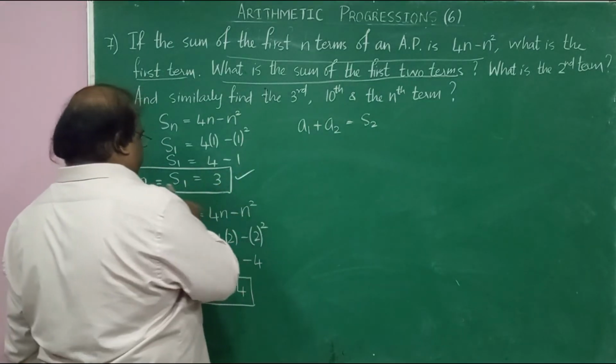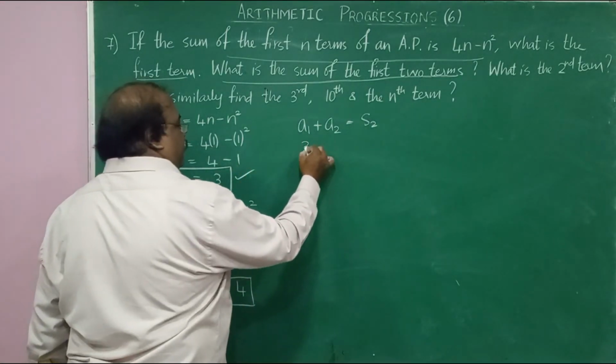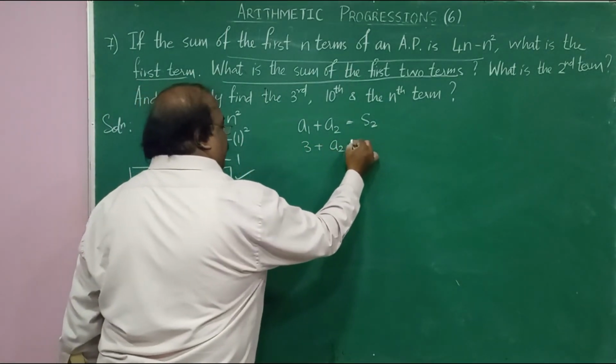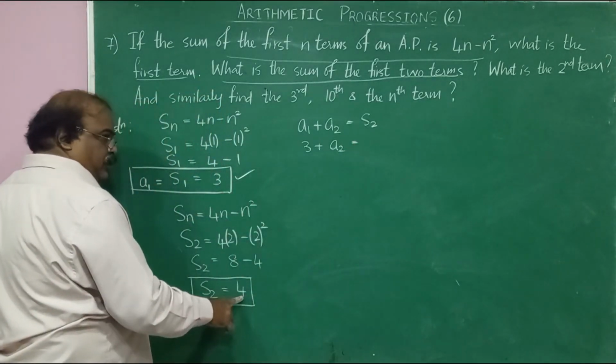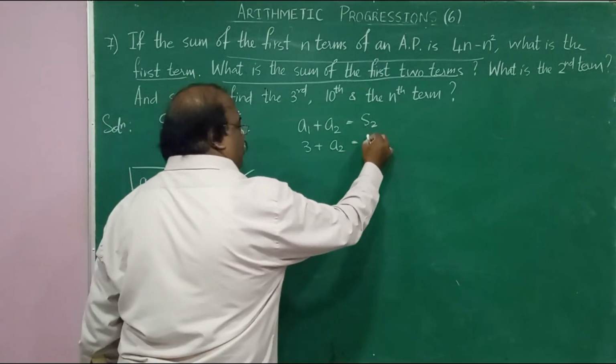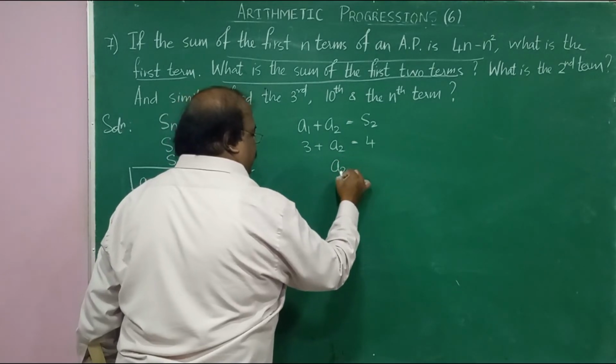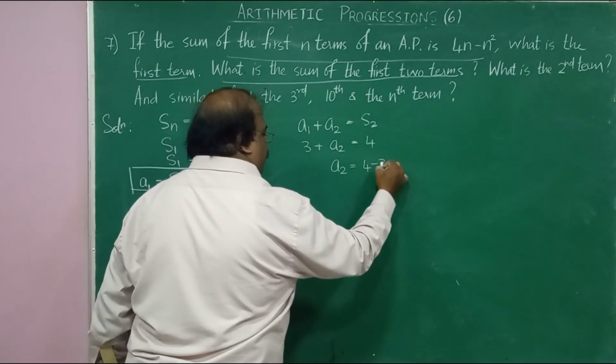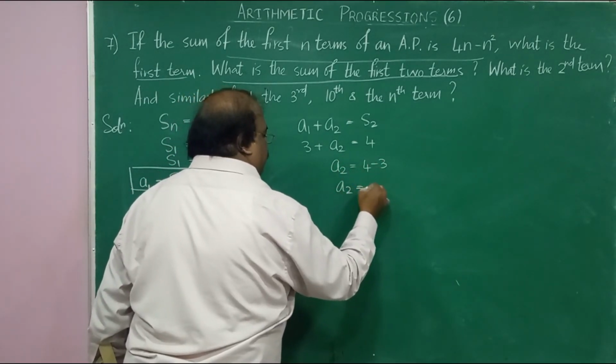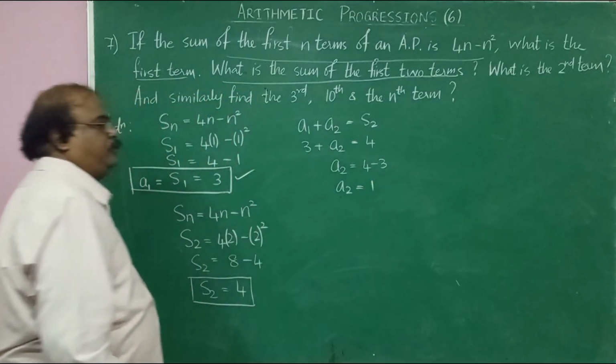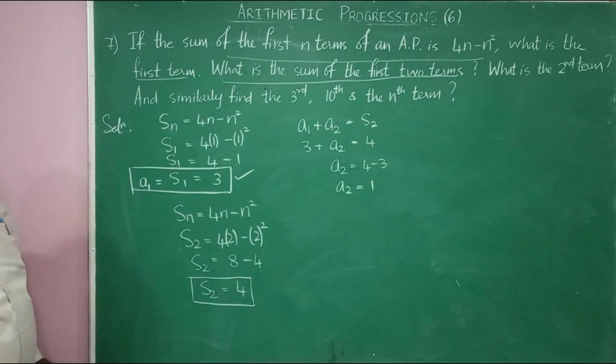So you know the first term is 3. And you know that the value of S2 is 4. So that indicates that your second term is 1. What is your second term? The value of the second term is 1.